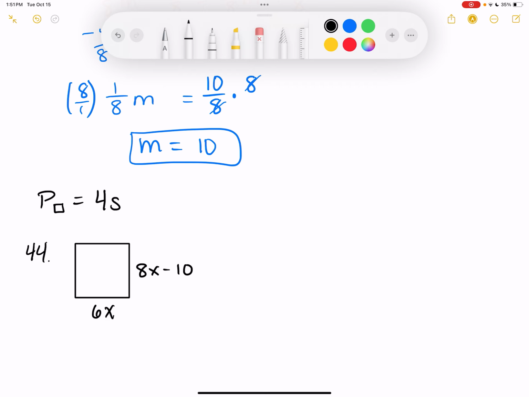Hear me out, like terms, guys. So I know that all the sides are equal, so what should I do with the two sides that I'm given? Make them into an equation. So like 8x minus 10 equals 6x. Yep, so I want to set them equal to each other.